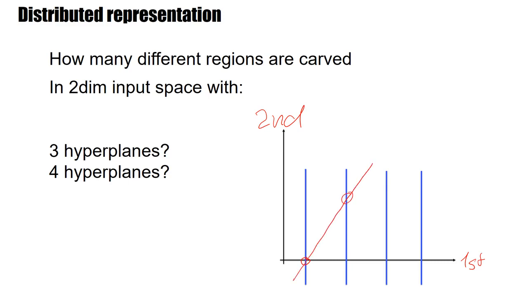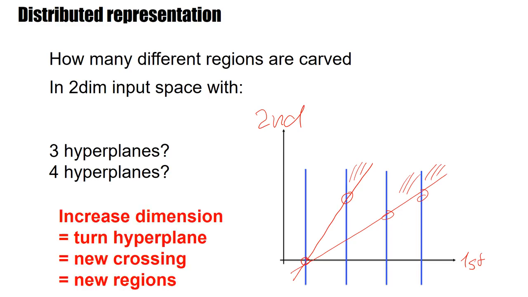And then I create a new crossing, which means I also create a new region. If I tilt further, I will create 2 further regions. Thus, for each crossing, I create a new region, and now we are going to count these regions.